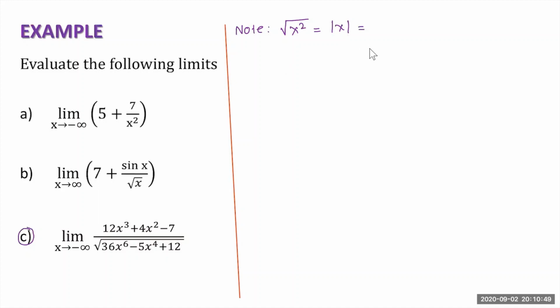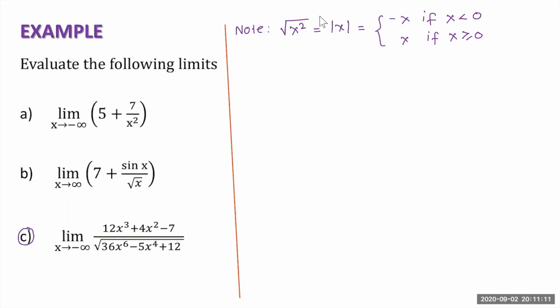And this is equal to negative x if x is less than 0 and positive x if x is greater than or equal to 0. That is the definition of square root of x squared, and the definition of absolute value of x is this.